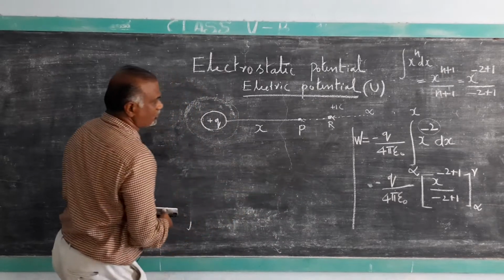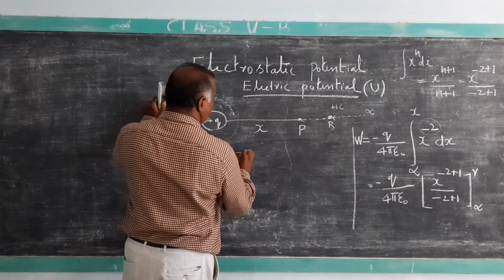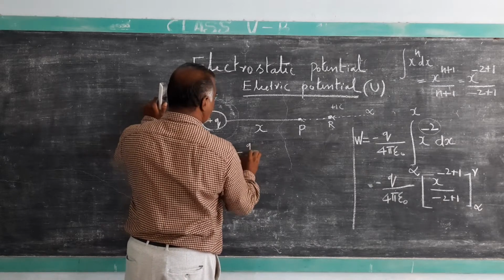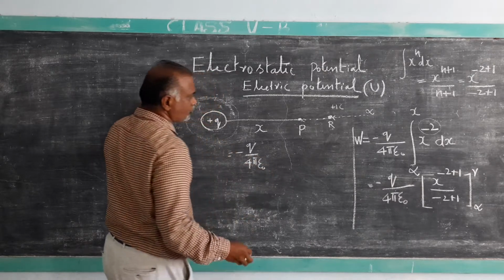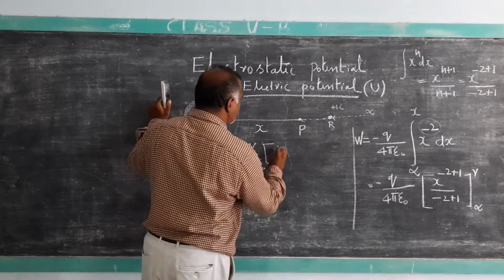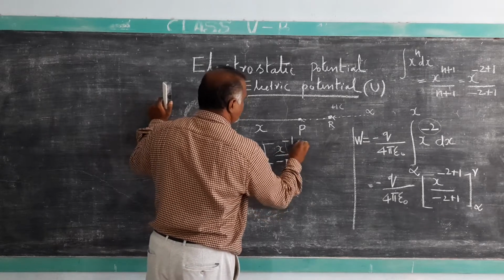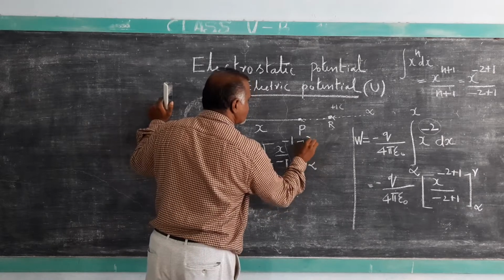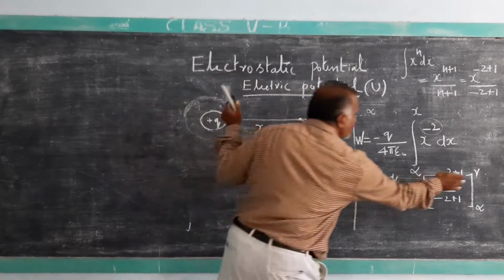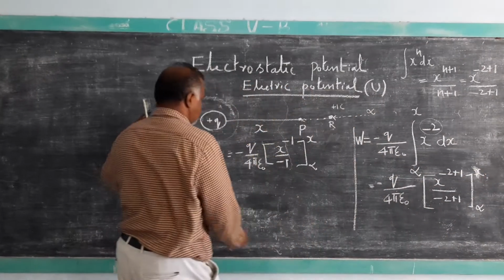So that is equal to minus q divided by 4 pi epsilon naught, x to the power minus 1 divided by minus 1, infinity to x. I put r, no, the symbol you have to put correctly, then only everything is correct.